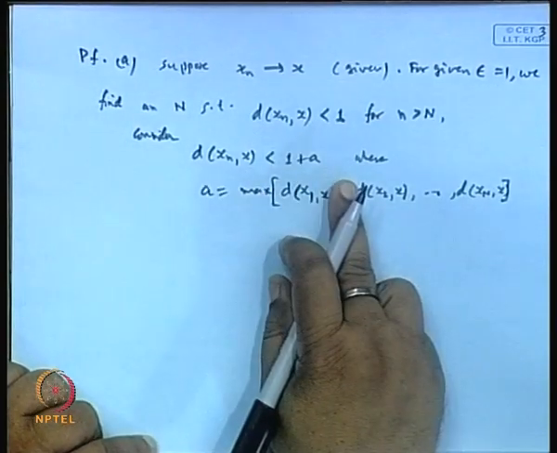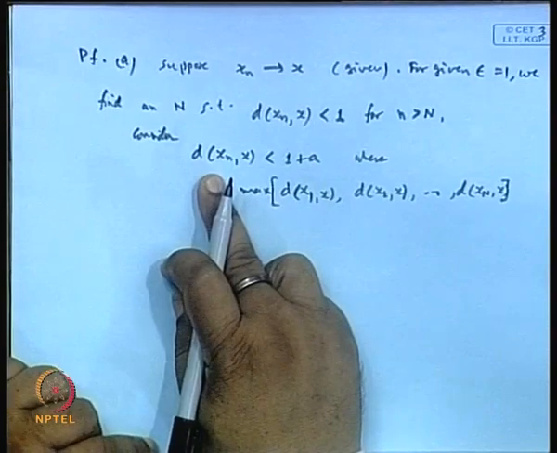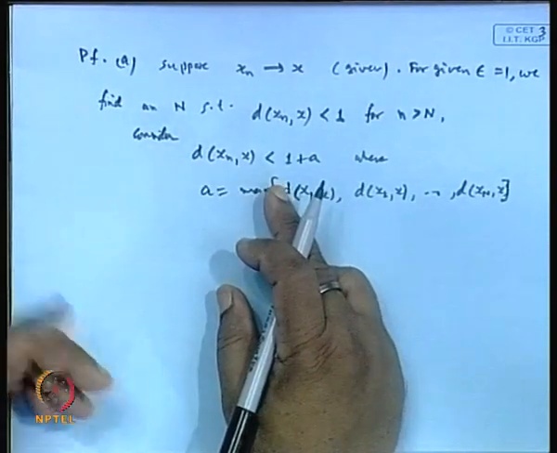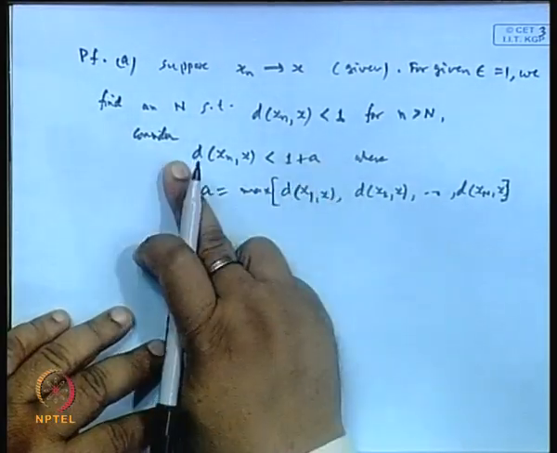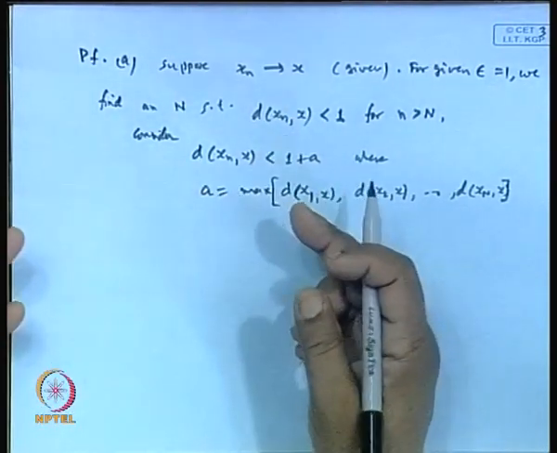If this is true, then obviously the point set {x_1, x_2, ...} will be a bounded set, because d(x_n, x) is less than 1 plus a. So the supremum taken is finite, and therefore the convergent sequence will be a bounded sequence.